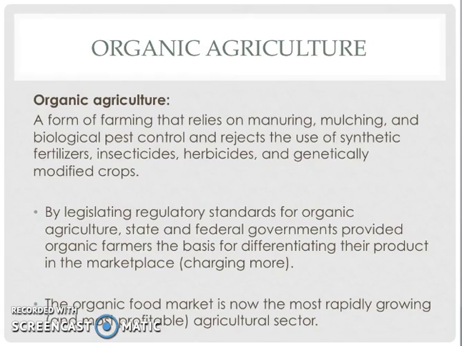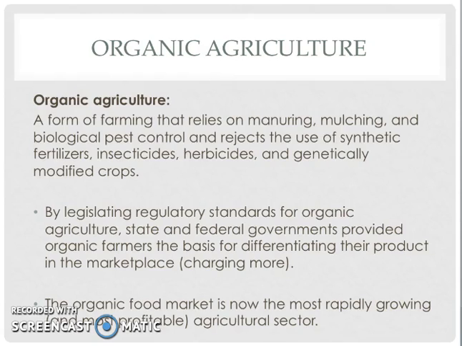However, organic agriculture presents an alternative. It's a form of farming that relies on manure, mulching, and biological pest control, and rejects the use of synthetic fertilizers, insecticides, herbicides, and GMOs. Under legislated regulatory standards for organic agriculture, state and federal governments provide organic farmers the basis for differentiating their product in the marketplace.